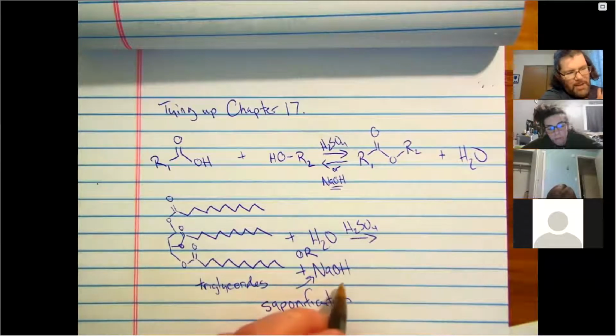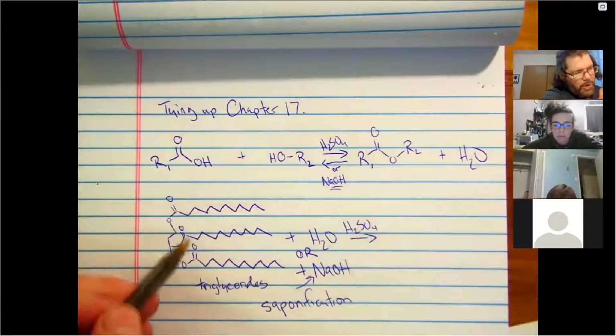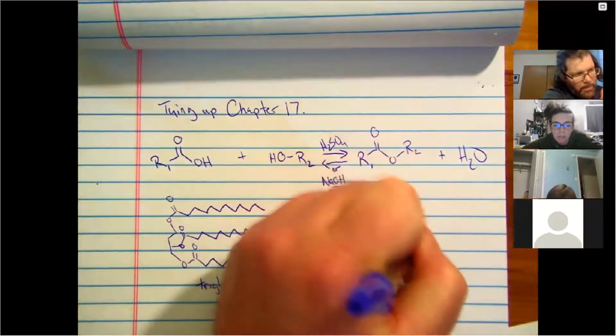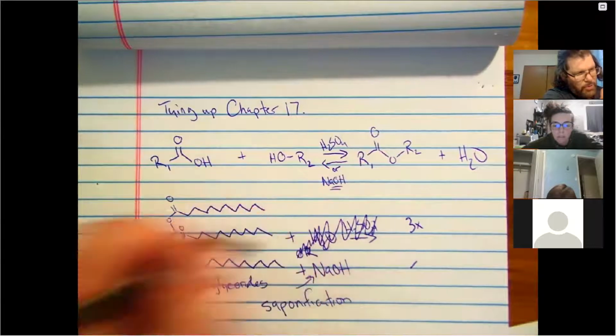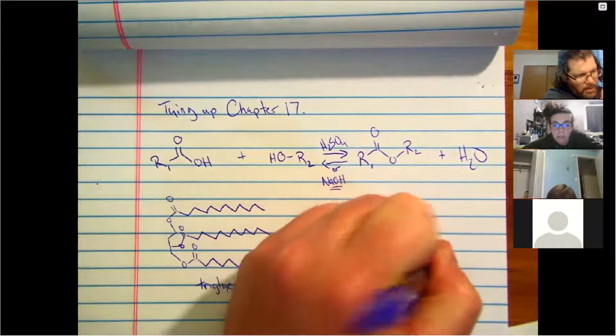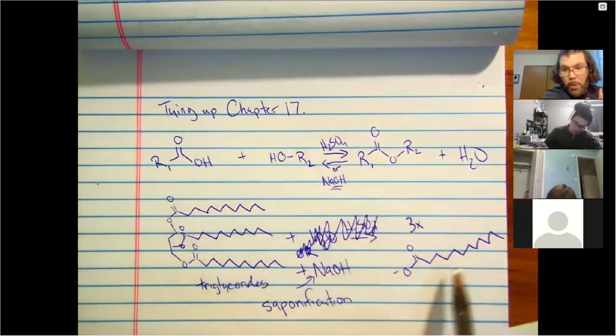And in basic conditions, we also know that carboxylic acids lose their protons. So imagine that all three of these long fatty acid side chains are the same length. I tried to make them that way. In basic conditions, if we were doing the reaction that way, we would end up with 3 of those carboxylates.